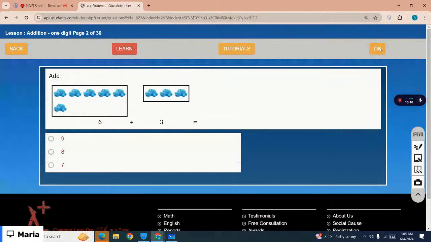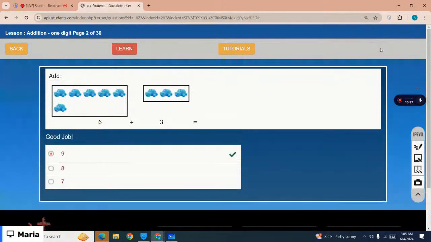That is 6. Count them together, right? Start with 6 and count on with the smaller number: 6, 7, 8, 9. The correct option is 9. Together there are 9 toys.